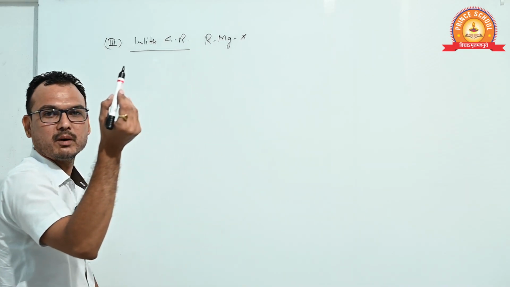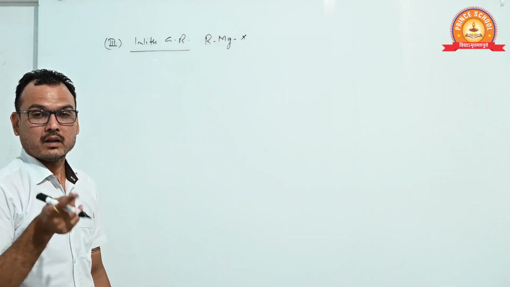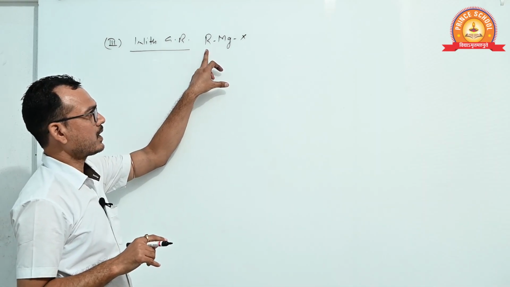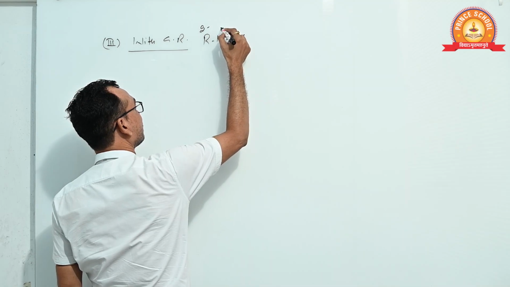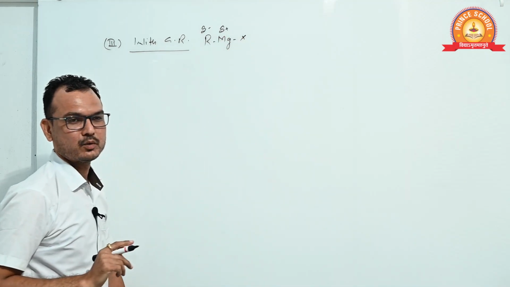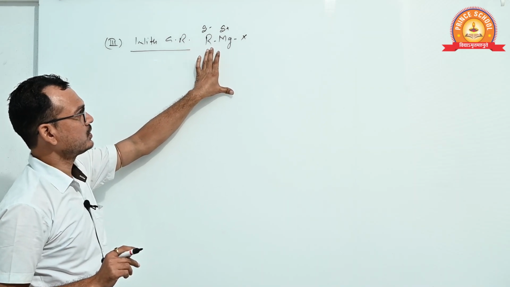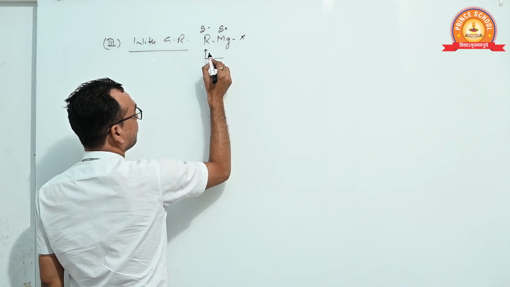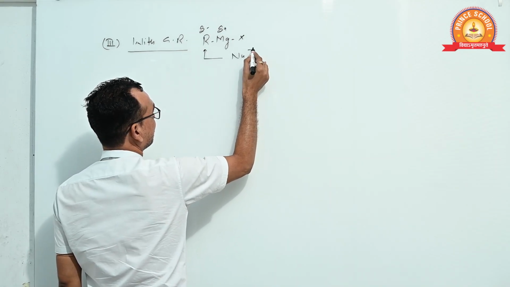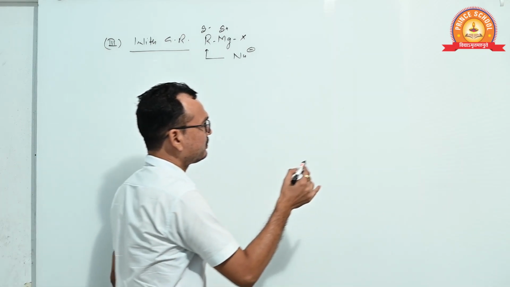It means we are talking about carbon and a metal, and we know that the electronegativity of carbon is greater than the metal. So carbon behaves as a nucleophile. So we can say the alkyl group of GR is the nucleophile. Clear?